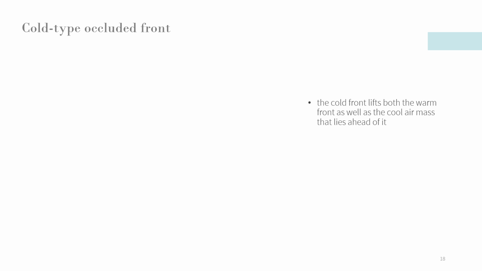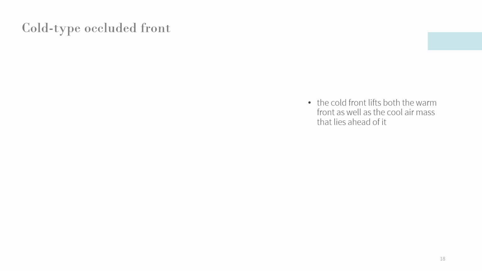However, as the occlusion develops and the warm air is lifted increasingly higher, thunderstorms may develop. This is mainly in summer. And by contrast to that, in the winter, the affected region may experience blizzard conditions.